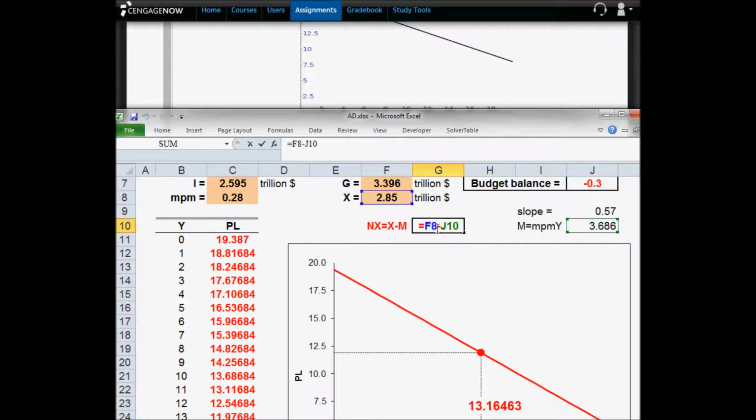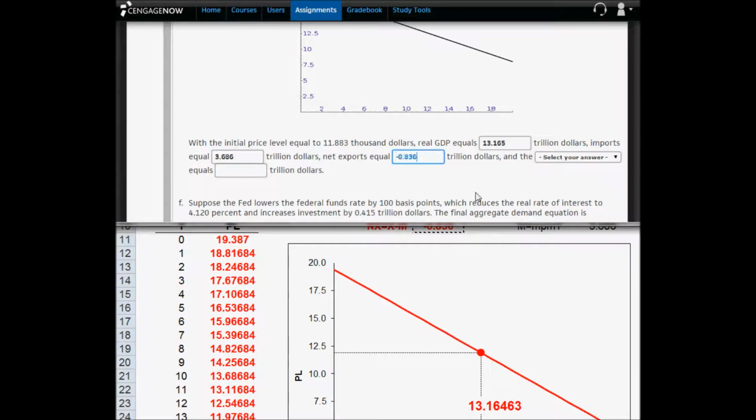Net exports is the export level minus imports. So net exports in this case is a negative 0.836. Because it's negative, we have a trade deficit equal to 0.836.